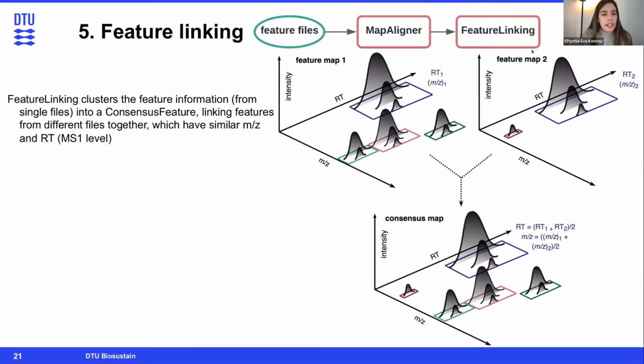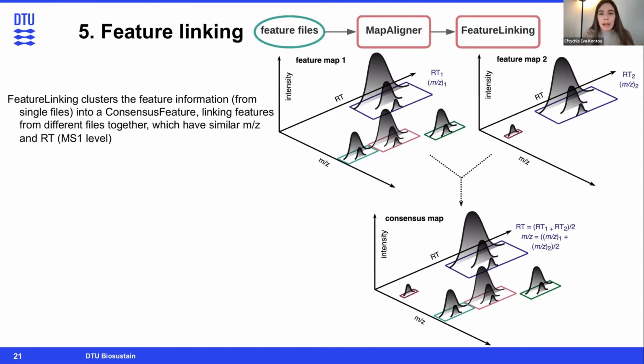They share one identical feature, with a little bit different retention time and mass-to-charge, but quite identical. And then they also have 4 different features. In the consensus map, through feature linking, those different features will be conserved exactly as they are in the feature maps, and the identical one will be clustered together, and the average values of retention time and mass-to-charge will be calculated.